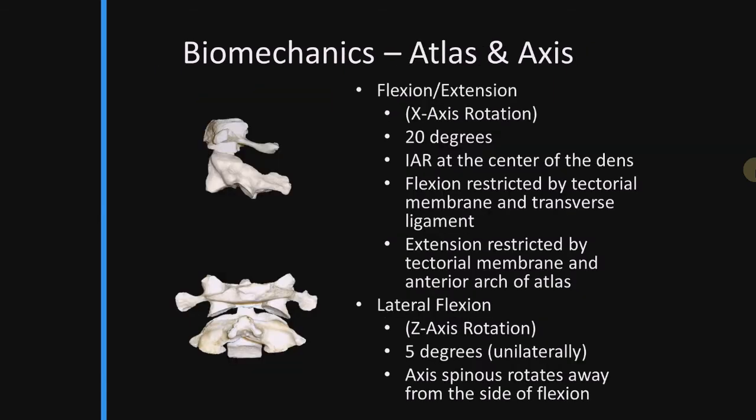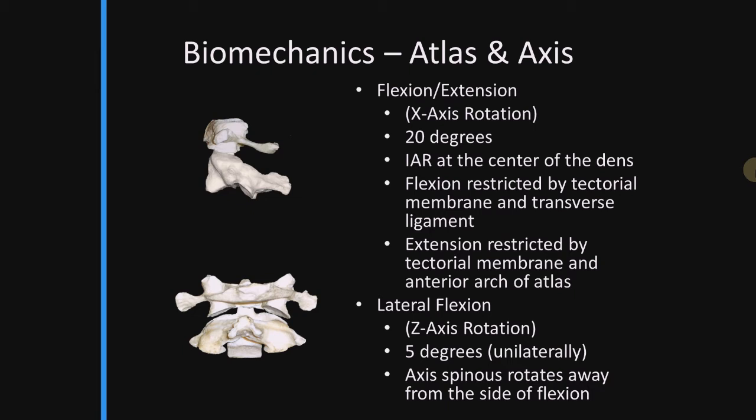When looking at the C1 and C2 vertebral correlation, once again we're looking on the x-axis, and there is 20 degrees of flexion and extension between these two joints with the IAR at the center of the dens. The flexion is restricted by the tectorial membrane as well as the transverse ligament, but the extension is restricted by the tectorial membrane and the anterior arch of the atlas.